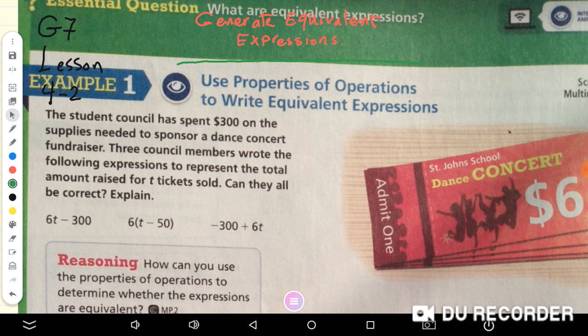We want to calculate how much they get from selling the tickets. Three of them wrote 3 different expressions to represent the total amount raised for the tickets. T here refers to the number of tickets. So T is the number of tickets.